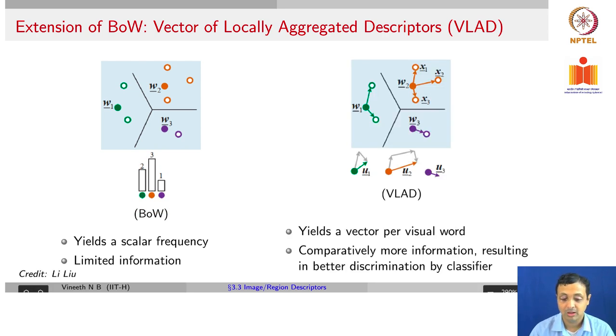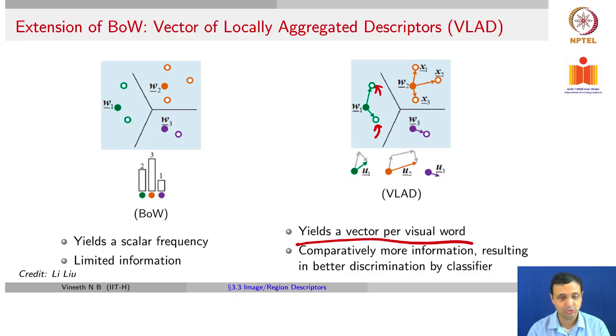In VLAD, instead, you again have visual words. All of that remains the same, but now, instead of a scalar frequency, you have a vector per visual word, which looks at how far each of these features in your query image are from the visual word.